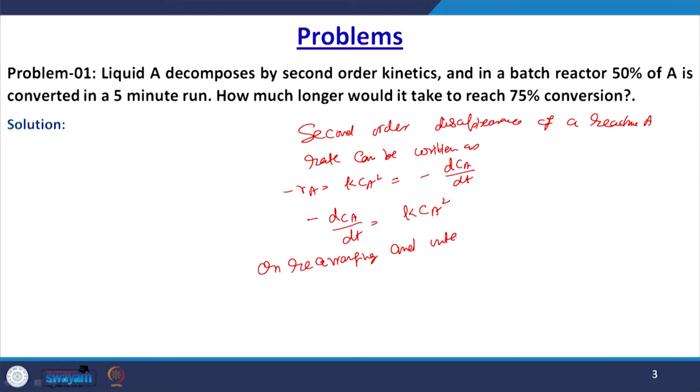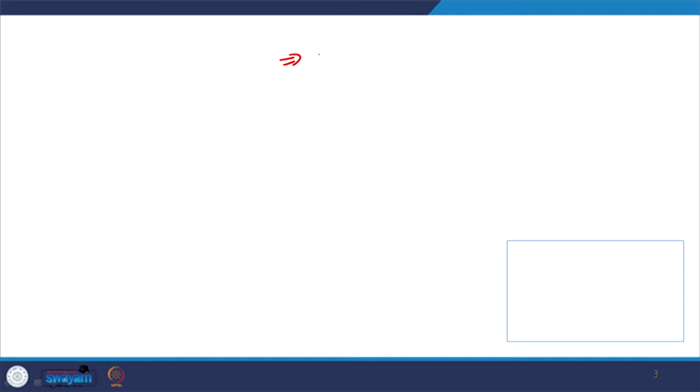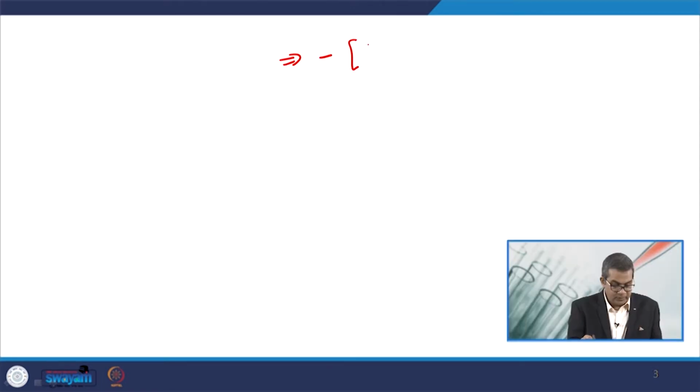and integrating, we have the integral from CA0 to CA of dCA upon CA squared is equal to the integral from 0 to t of k dt. This can be written as minus CA to the power of minus 2 plus 1 upon minus 2 plus 1 from CA0 to CA, equal to kt.